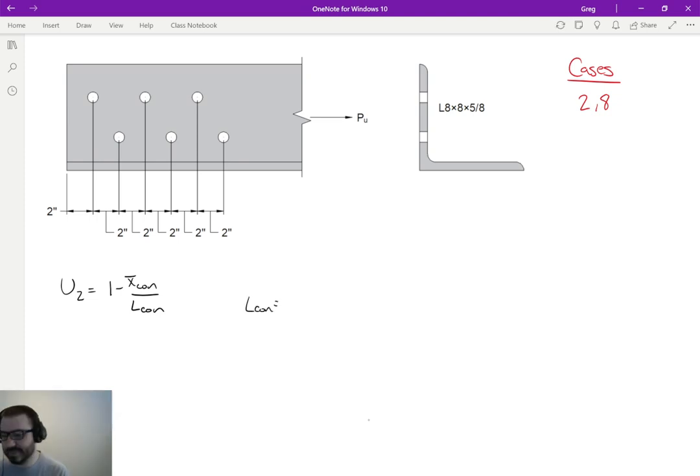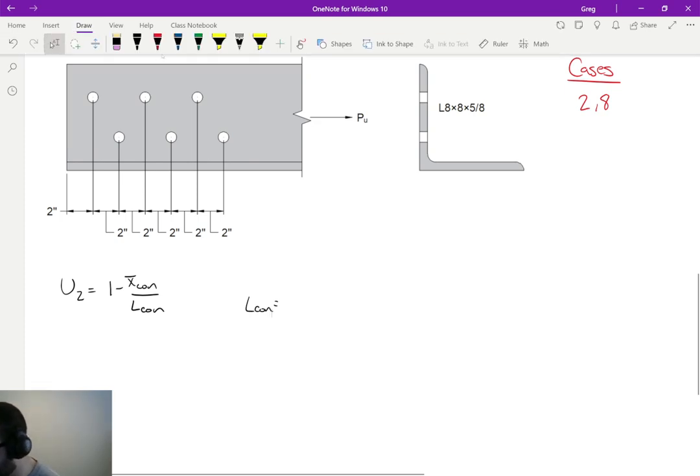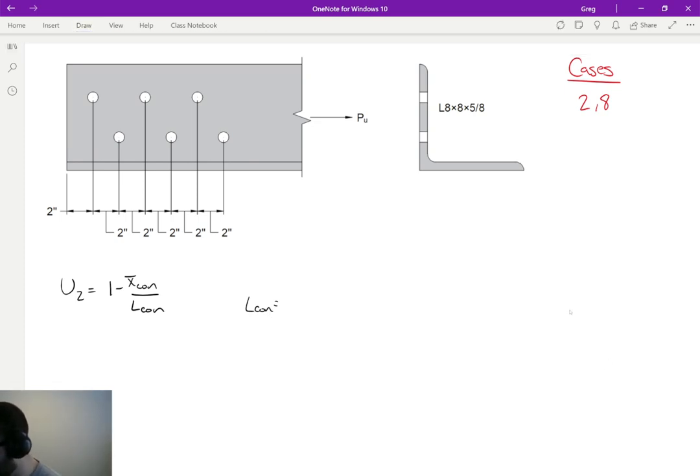Just like last time, the connection length is pretty easy to find. Remember, connection length is measured from the outer bolt to the outer bolt. So we're talking about this distance right here. That is LCON. What is LCON? Let's see.